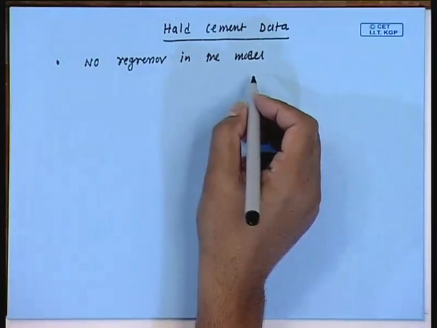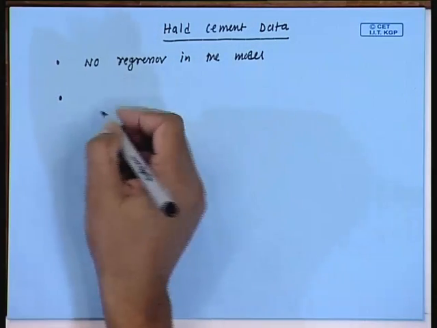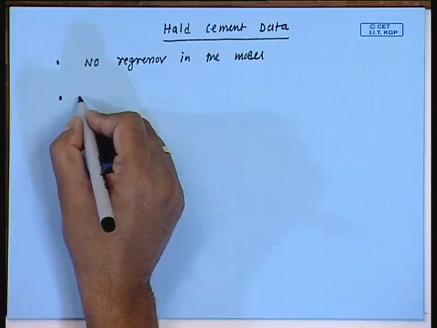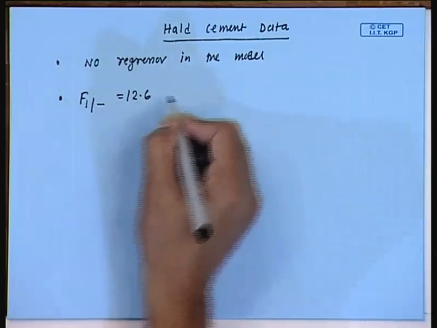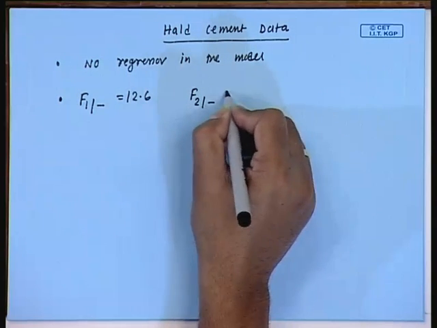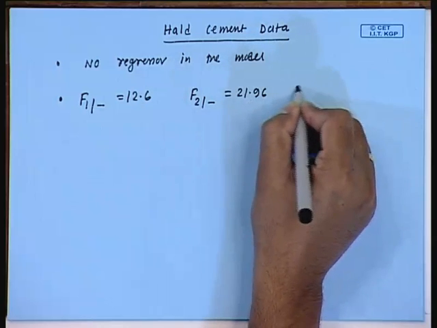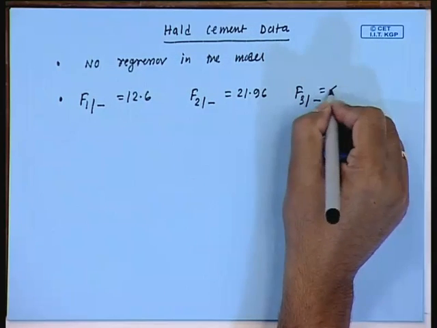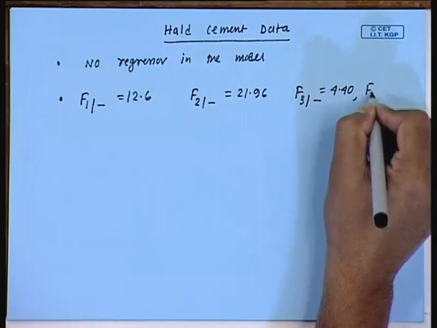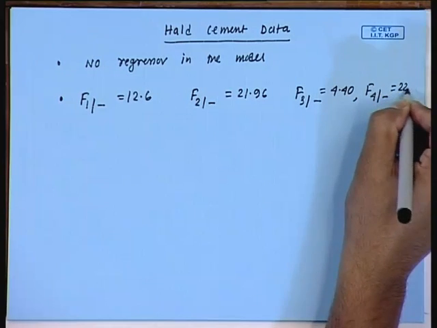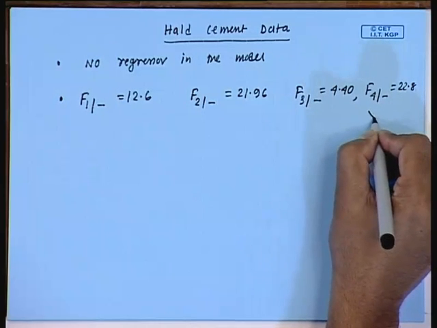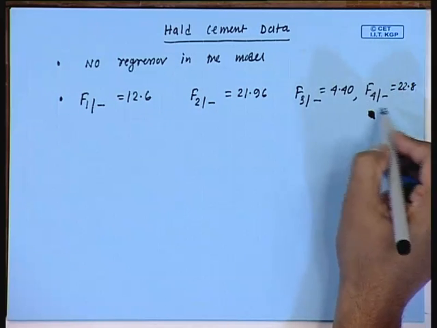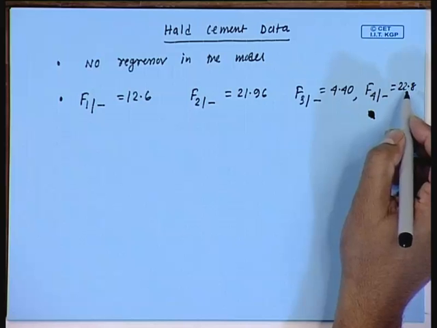Initially there is no regressor in the model, then, as in forward selection, we have the value F1 which is equal to 12.6, F2 in the presence of nothing which is equal to 21.96, F3 in the presence of nothing which is equal to 4.40, and F4 in the presence of nothing which is equal to 22.8. So, this one is the highest. We do not compare it with the tabulated value.